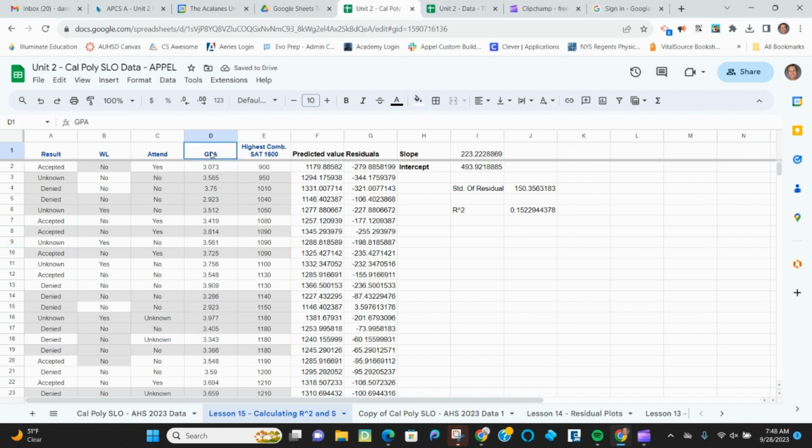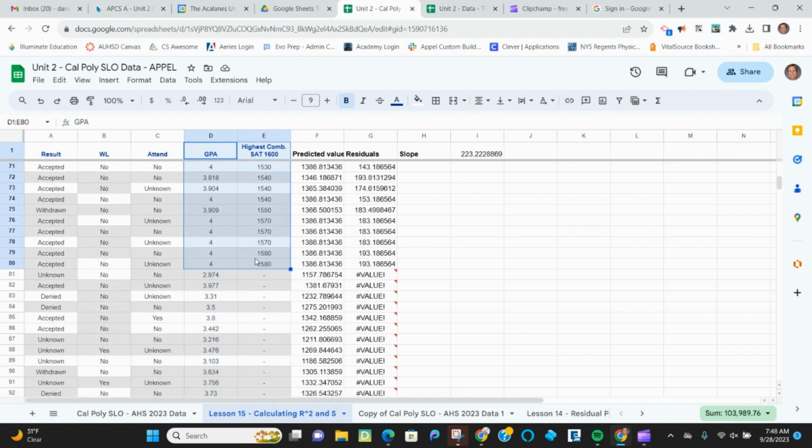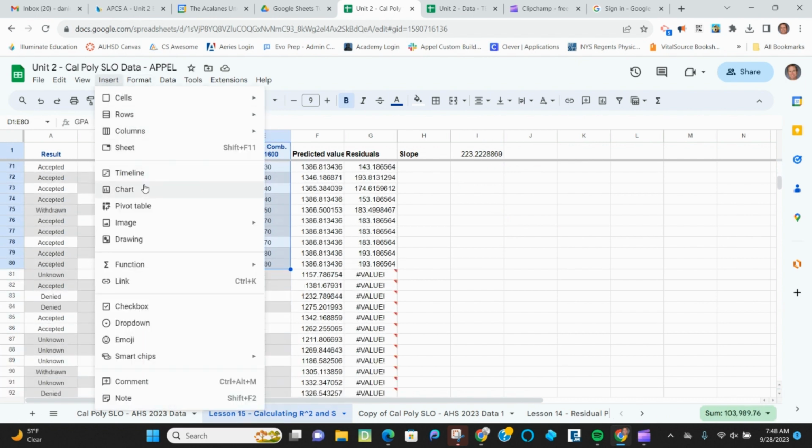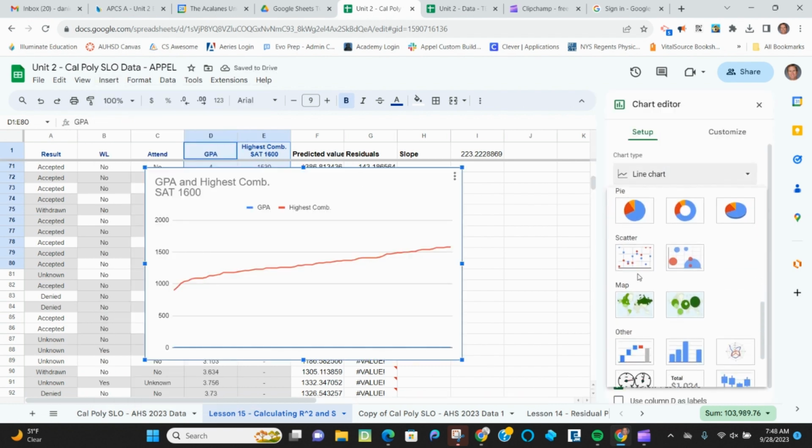We can grab these two columns and insert a chart, and I want a scatter chart.